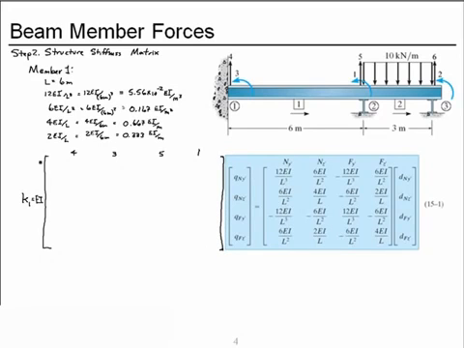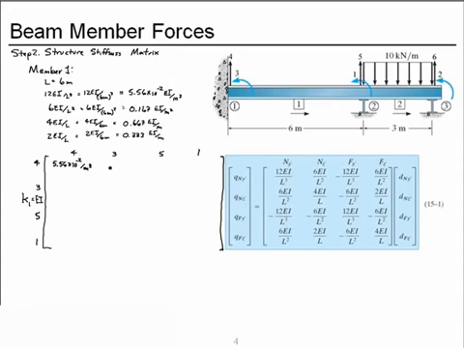Our rows will be associated with the same degrees of freedom, so we have 4, 3, 5, and 1. Our first row, first term, is the 12 EI over L cubed, so that is 5.56 times 10 to the minus 2 divided by meter cubed. I pulled the EI out front since it's common to all of the terms.